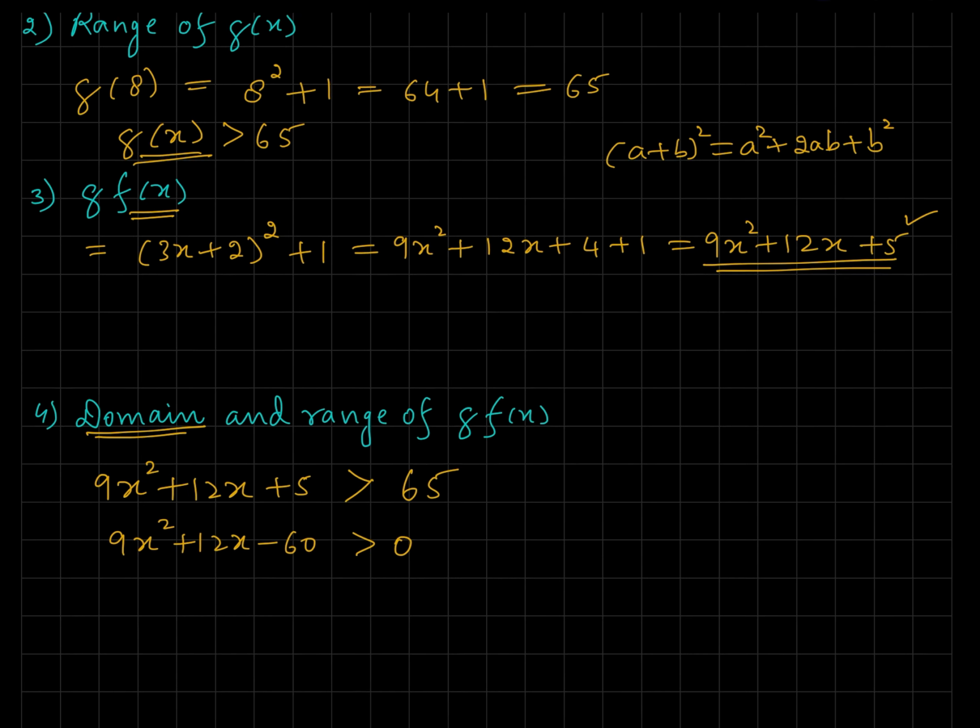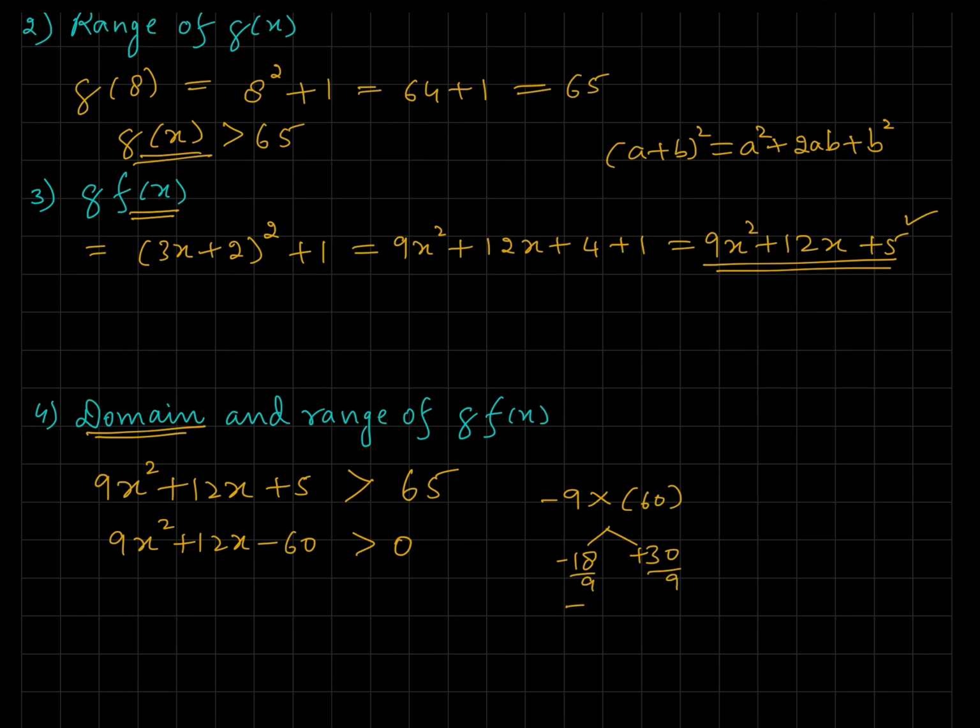And now let us do this middle term splitting. So this is 9 times 60 and this is negative. Middle term splitting, if I do, I think I will get negative 18 and positive 30, and this is 9, so we will have to divide by 9.